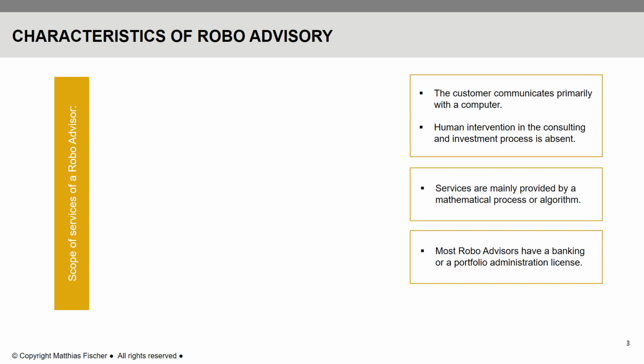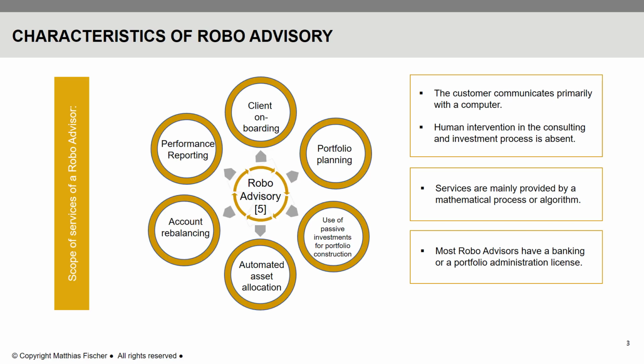On the basis of a questionnaire, the return and risk profile of the customer is determined. Suitable financial instruments and their share in the overall portfolio are then identified for each customer. The main instruments are passive exchange-traded funds, or in short ETFs.